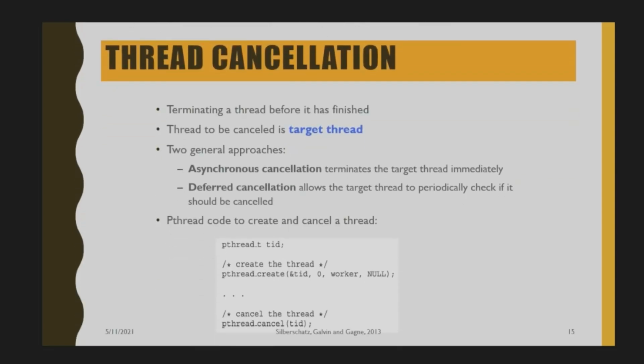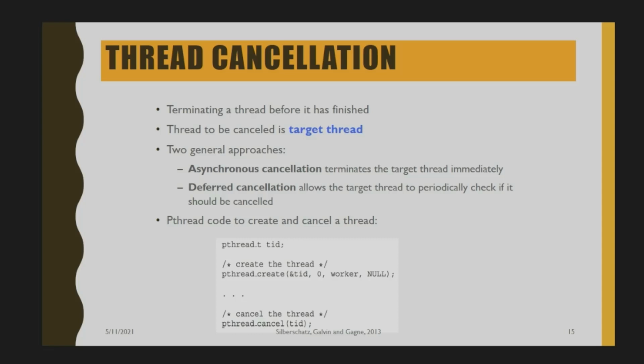Okay, this part is about thread cancellation, where we want to terminate the thread before it completes the process. The thread to be cancelled is the target thread, which refers to the thread that we want to cancel.